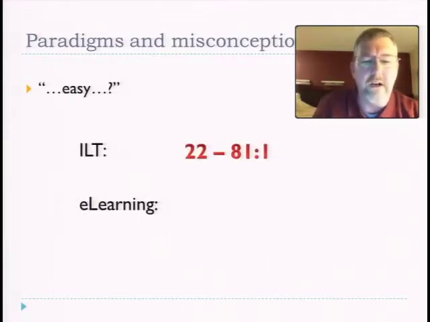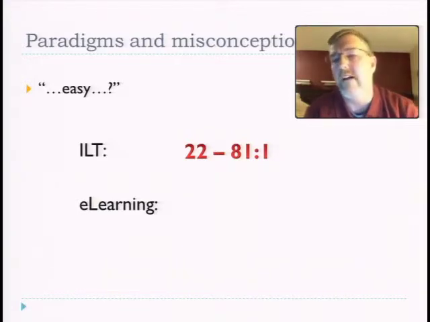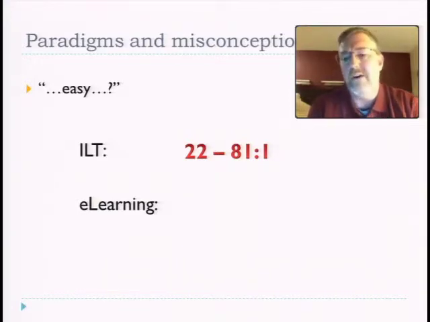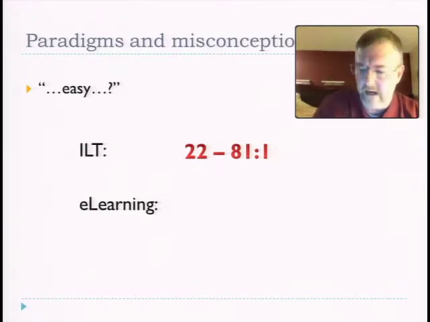Time-wise, to develop instructor-led training, Brian Chapman's research was it took from 22 hours to 81 hours to develop 1 hour of instructor-led training, depending upon the level of complexity of the material. For example, a lot of things we deal with in the aircraft industry, particularly when we're training pilots, or legal documents where there's a lot of legal precedent to be cited, there's a lot of technical jargon, things like that can be in the upper end of that 81 hours to 1 hour of training.